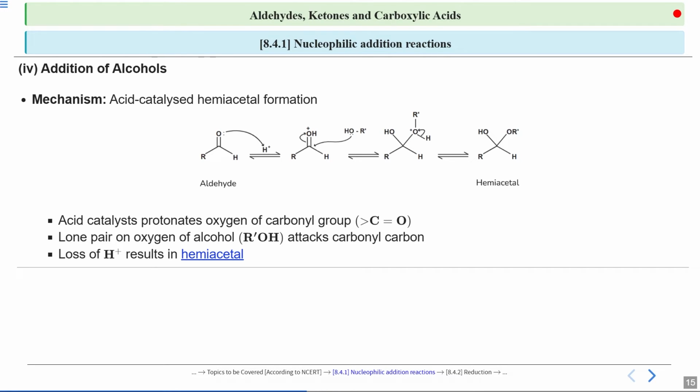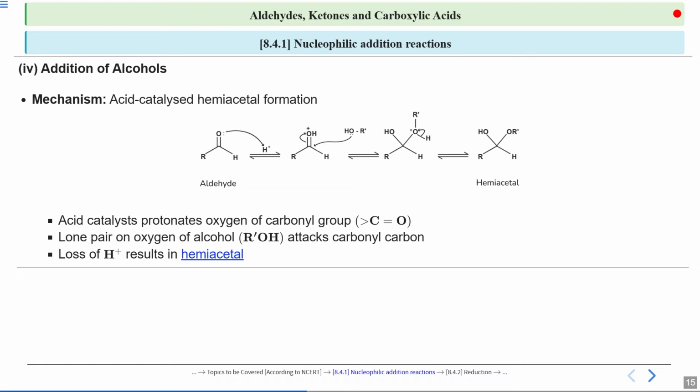Finally there is loss of a hydrogen ion, H plus, from this intermediate. If you see here, to this oxygen, this ROH gets attached. There is one OH group and there this alcohol gets attached. So there is loss of H plus from this intermediate, which leads to the formation of the hemiacetal.